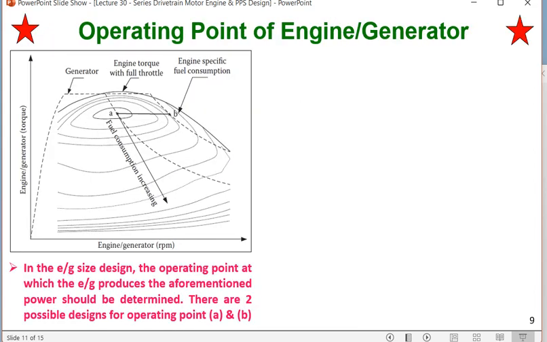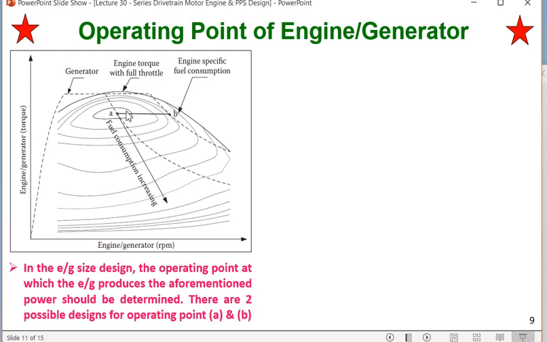So the operating point of the engine generator, this graph also you have seen. The x-axis is engine generator RPM, that is the speed with which the generator is rotating, or you can recalibrate the x-axis with the vehicle speed as well. The y-axis is engine generator torque, generally given in Newton meter, and here you are finding the A region, which is the region of economy.